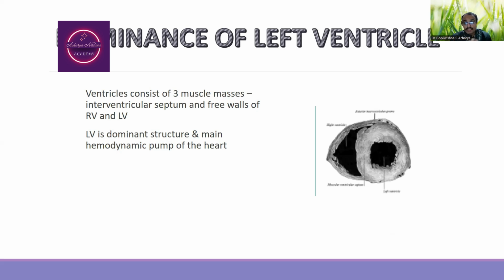And the left ventricle, as it is a dominant structure, is where the hemodynamic action, that is the movement of blood from the left ventricle to the aorta, happens via left ventricular pumping. The smaller image, which is mentioned in Gray's anatomy, depicts this. The right ventricle wall is very thin, whereas the left ventricle wall is much thicker, almost 3 times that of the right ventricle.